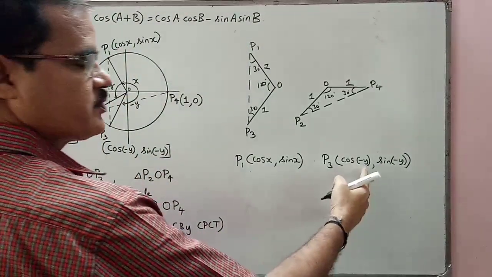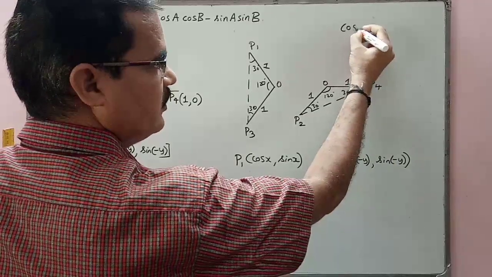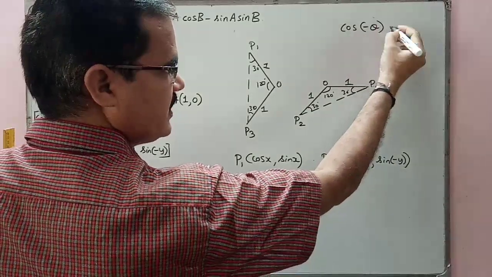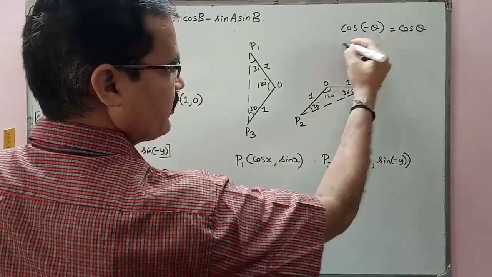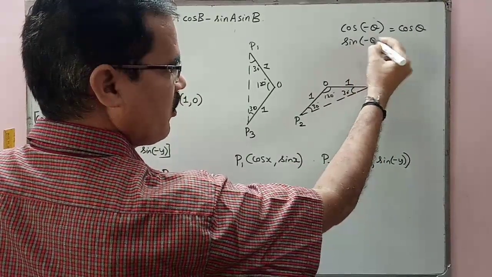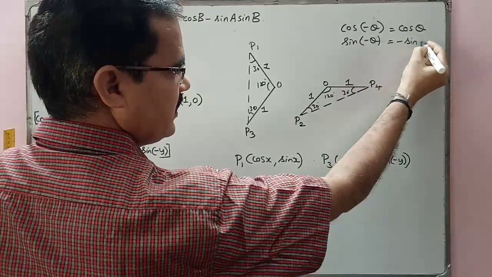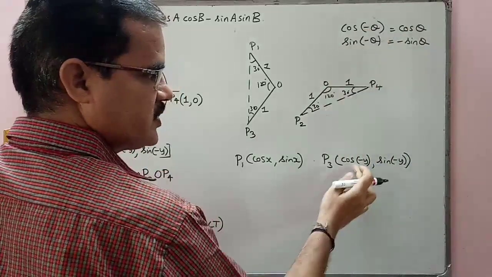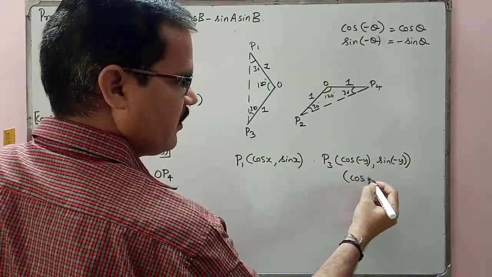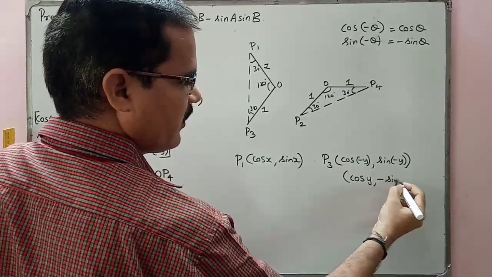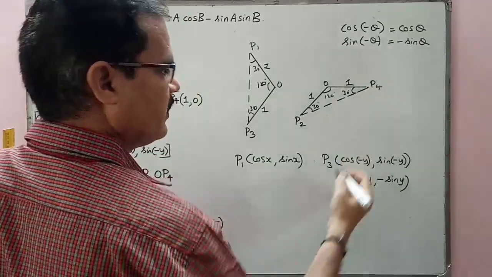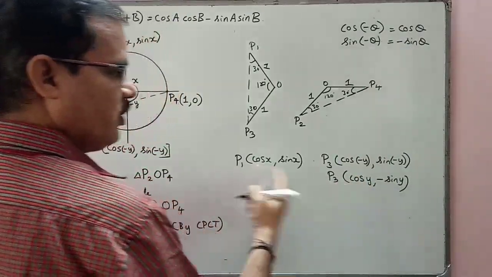We know cos of minus theta is equal to cos theta, and sine of minus theta is equal to minus sine theta. So this can also be written as cos y, comma, minus sine y, using this formula. So you have these two coordinates.